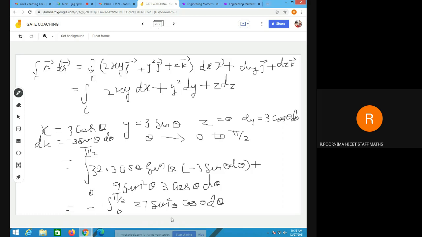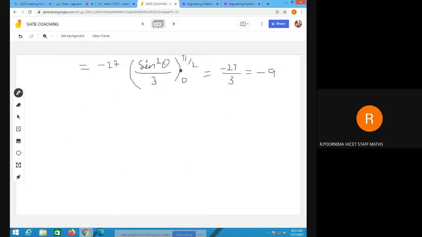Otherwise you have the formula: the integral of sin to the power n theta into cos theta with limit 0 to pi by 2 is sin power n theta divided by n plus 1. That formula only we have applied. Sin square theta divided by 2 plus 1, so sin cube theta by 3. So this is the formula.